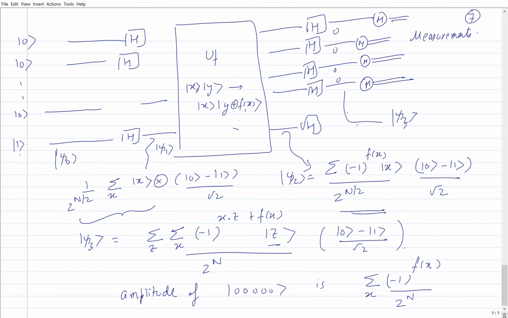So if all bits you measure are 0, this was the amplitude of that.